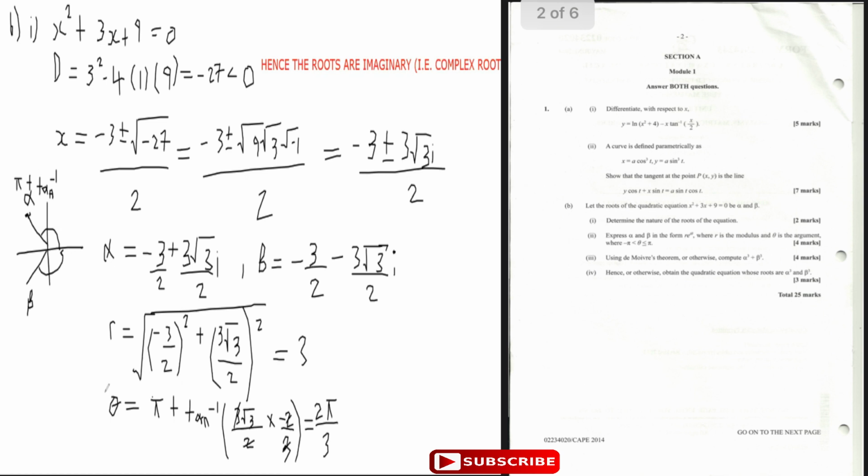So I'll call this one theta 1. Now let's find the angle in the second quadrant, theta 2. The angle in the second quadrant is going to be tan inverse of this over this, minus pi.